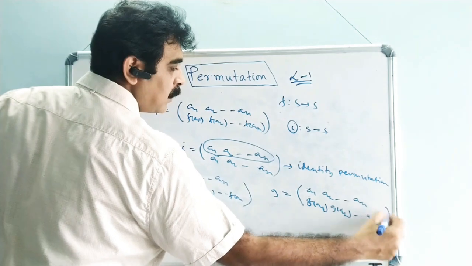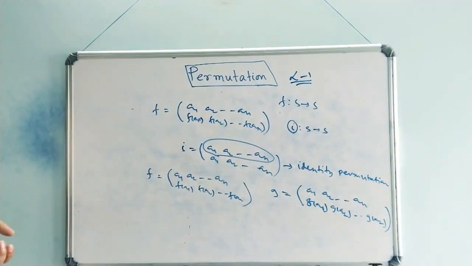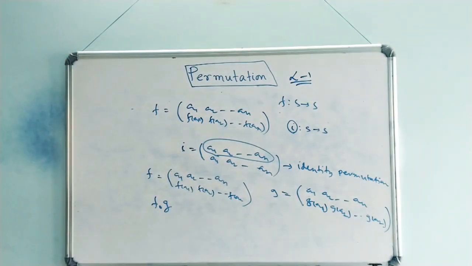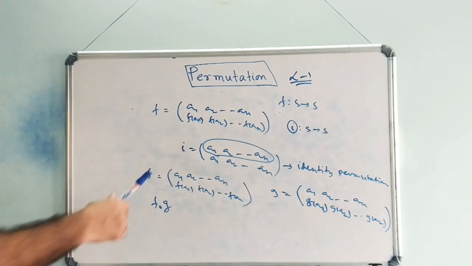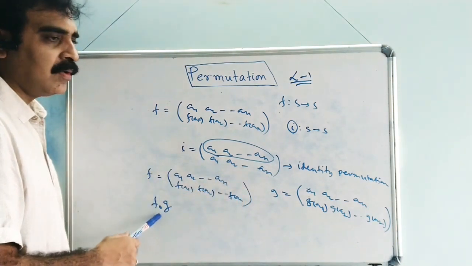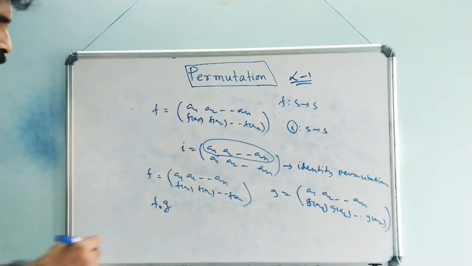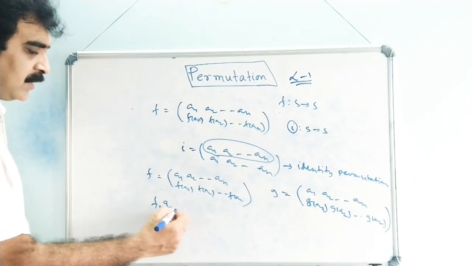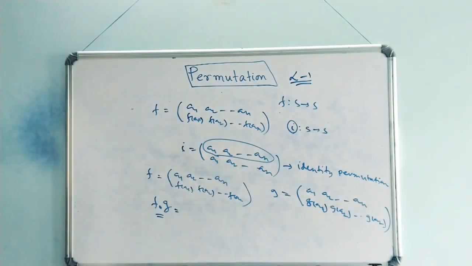If we take these two permutations, how will we compose them? We know all about the composition of mappings. These are two bijective mappings, therefore we will use the composition F compose G. We will find this composition just as a composition of mappings.